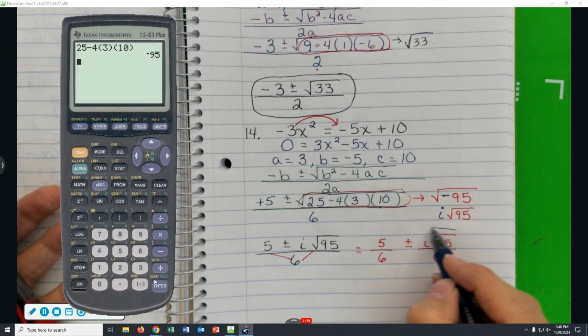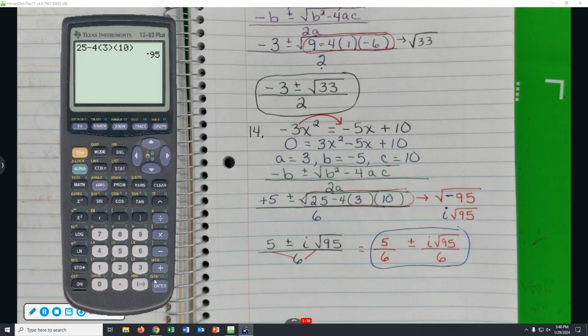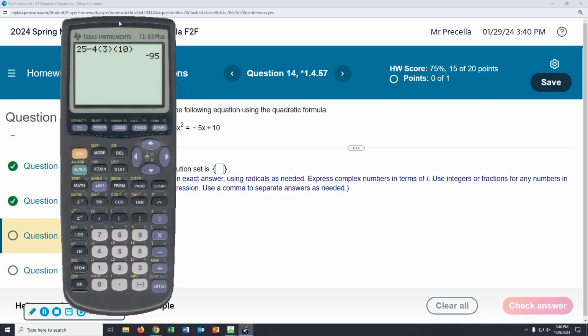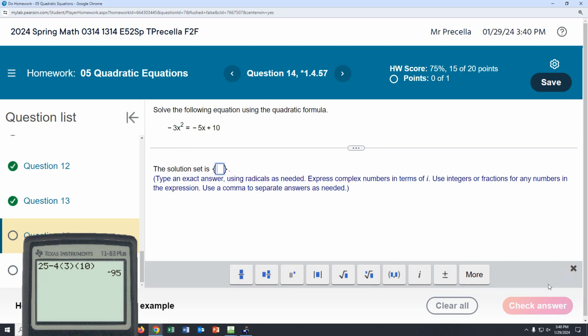And just out of curiosity, I'm going to see what it does if I type in that first answer before I separated it. It used to take that answer.